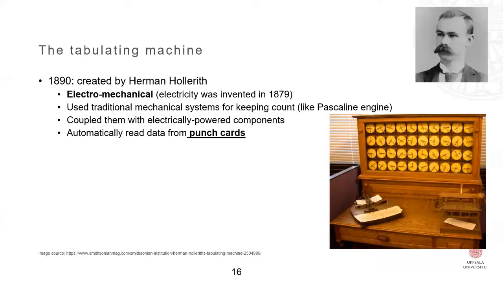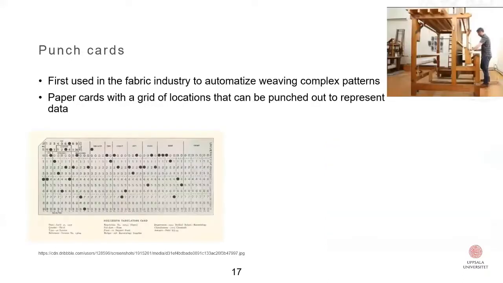They used punch cards to find a way to feed the information to the computation device so that it would understand somehow. So what makes punch cards special? Punch cards were cards first used in the fabric industry to automate weaving complex patterns. They are simply paper cards with a grid of locations that can be punched out to represent data.